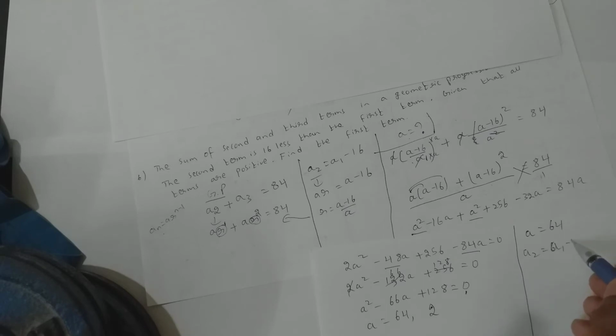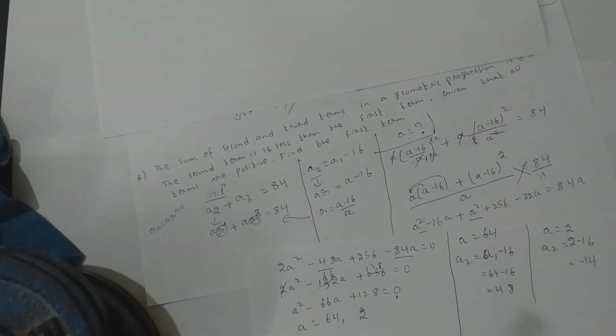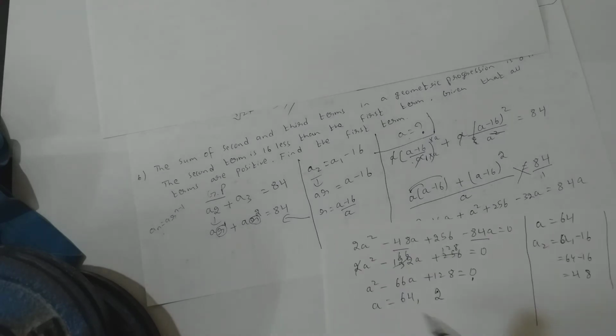A2 is A1 minus 16, so 64 minus 16 will give me 48. If I do the same thing when A is 2, how much will my A2 be? 2 minus 16 will result in a negative number. But he told all the terms are positive. So A equal to 2 is not possible. So only A equal to 64 is the correct answer.